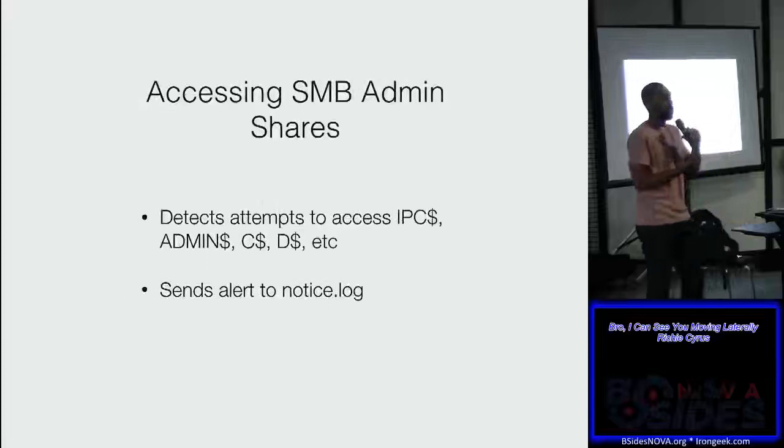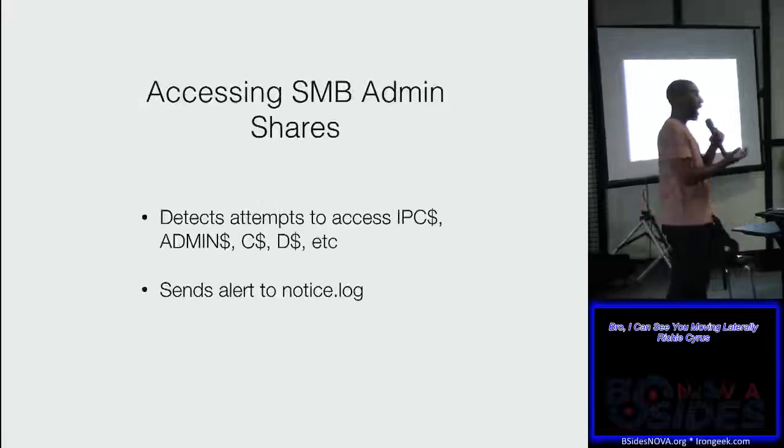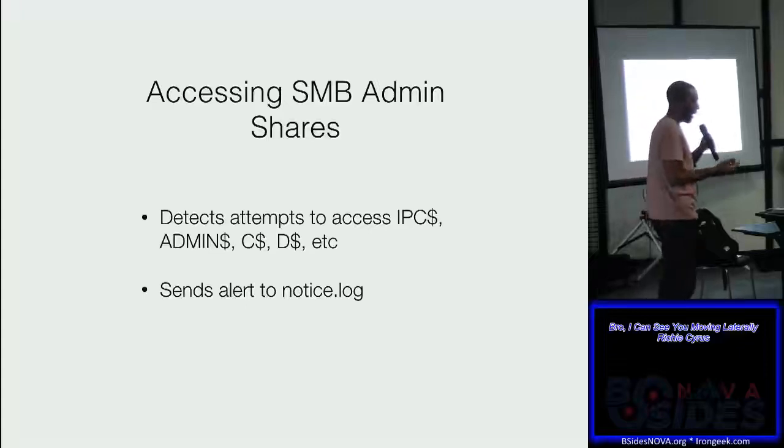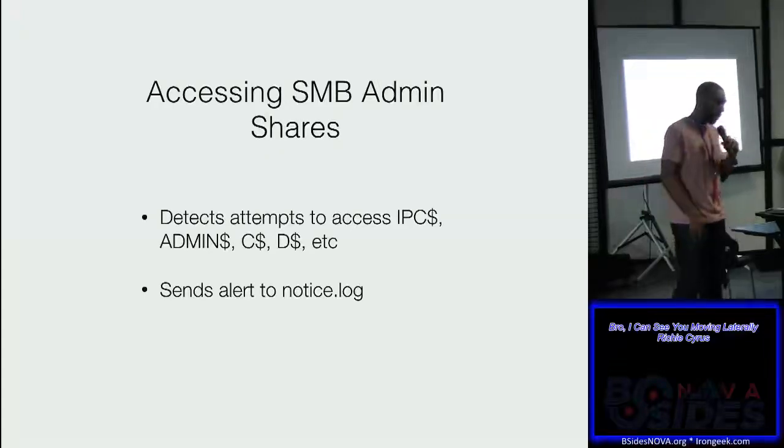And so the next one is accessing SMB admin shares. You might have some administrators that do this, but for the most part, this shouldn't be happening. So this is access to IPC$, ADMIN$, C$, D$ for your drives.